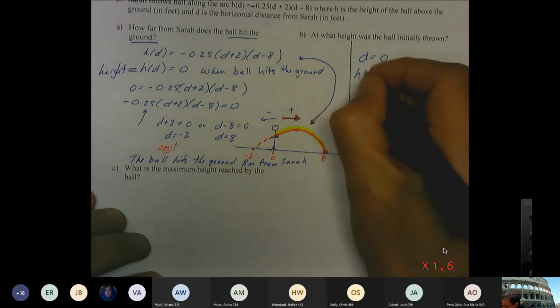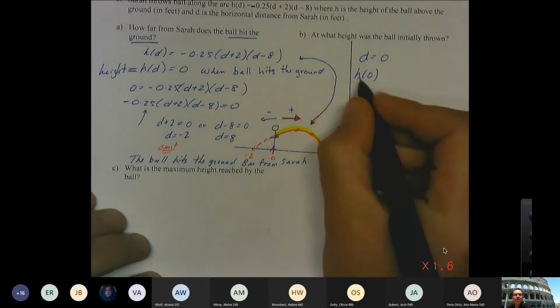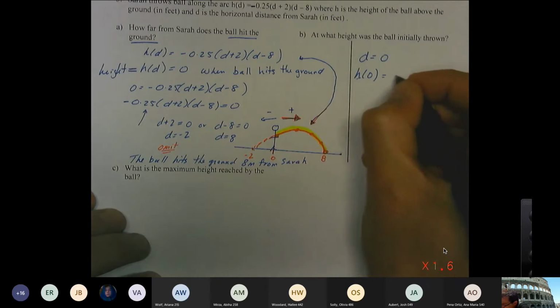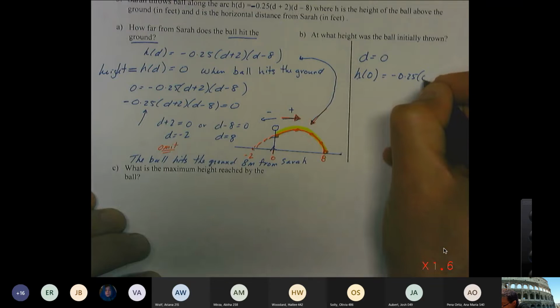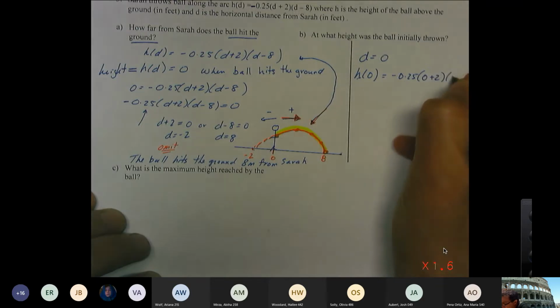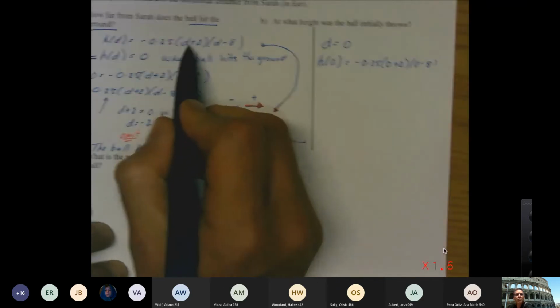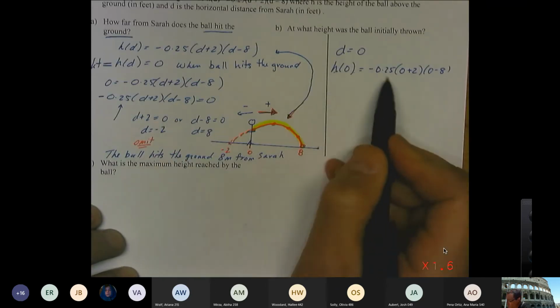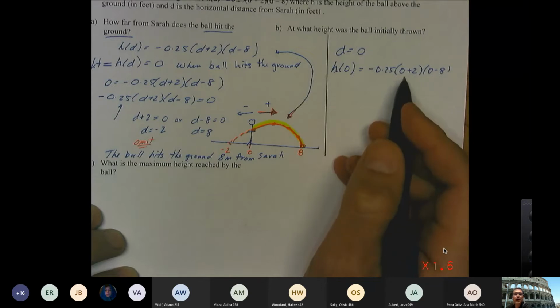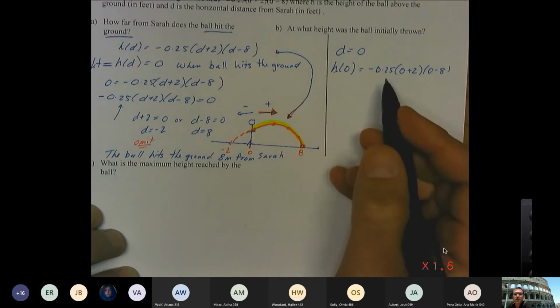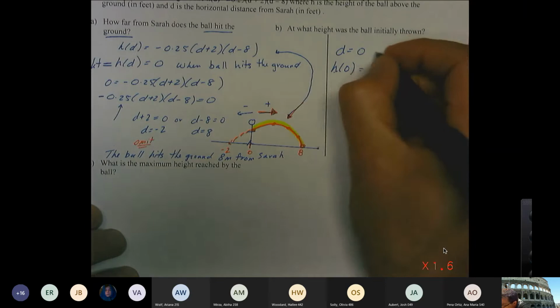That means we're putting 0 into the function: negative 0.25 times (0 plus 2) times (0 minus 8), because that's where the d's were. And we're putting in 0 for those values, because that's when the ball was initially thrown.